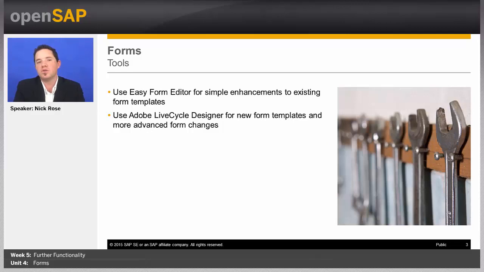There are a few tools you can use when working with forms. One of them is the Easy Form Editor, where you can do some minor modifications. You might just add a field to an existing form and place it in one spot and be done. It's not very extensive. If you want to make much more extensive changes, you want to use the Adobe Lifecycle Designer.